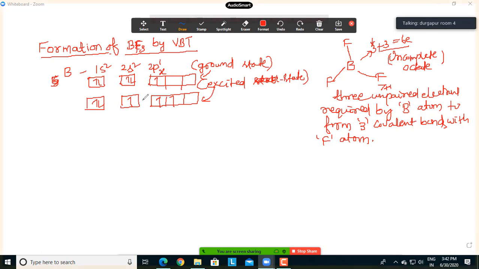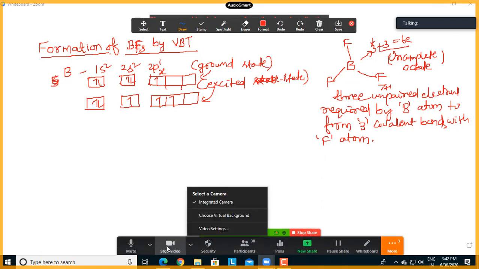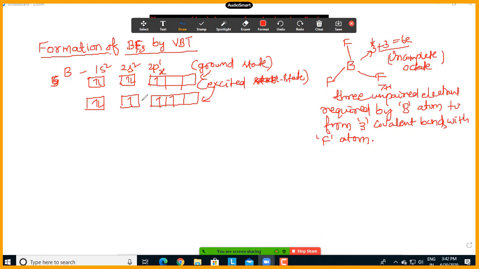Okay. Sir, can you please repeat? So boron, 1 electron from 2s2 jumps to 2py like this. So you will get 2s1, 2px1, 2py1.